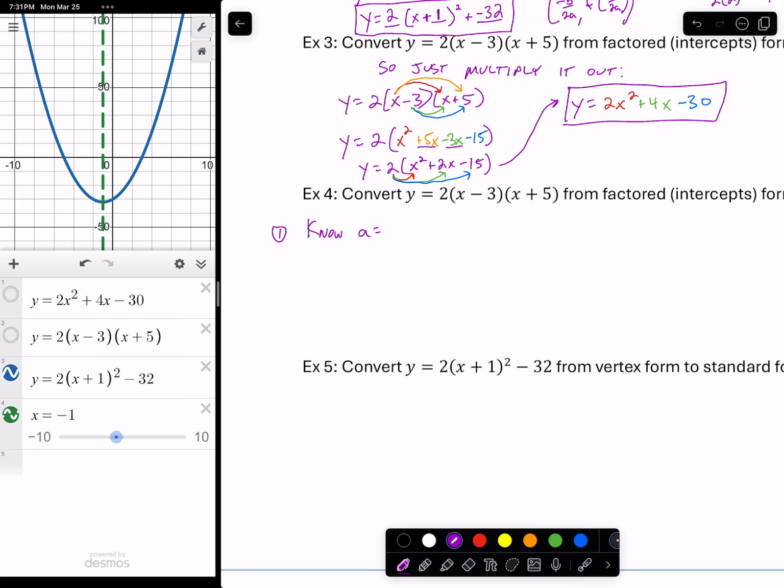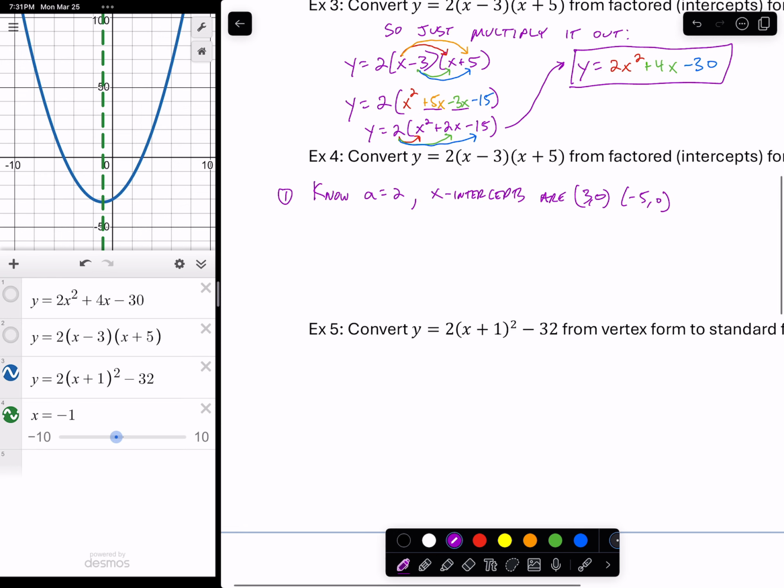We know a is 2, and we know the x-intercepts are (3, 0) and (-5, 0). Step 2 is what we're going to do with the x-intercepts.